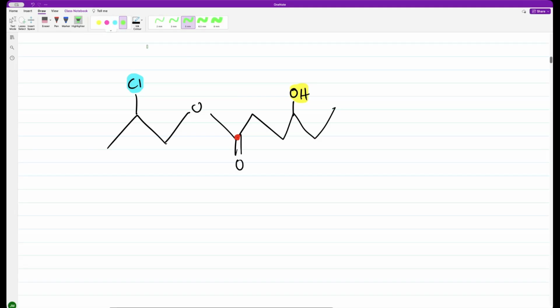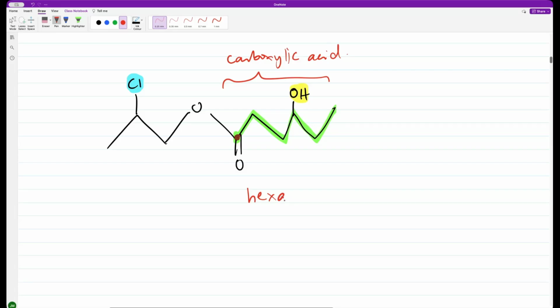So we've got 1 carbon, 2, 3, 4, 5, 6. There are 6 carbons in this side of the molecule, and this side is the carboxylic acid side. Okay, this is our carboxylic acid. All right, 6 carbons means it's a hex. So hexan, it's a hexanoic acid.